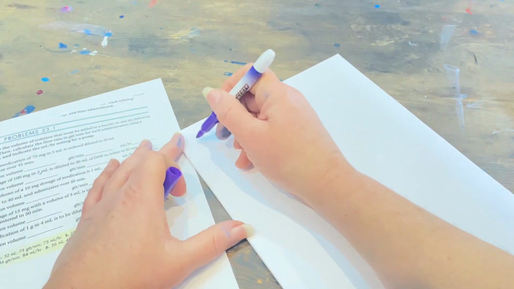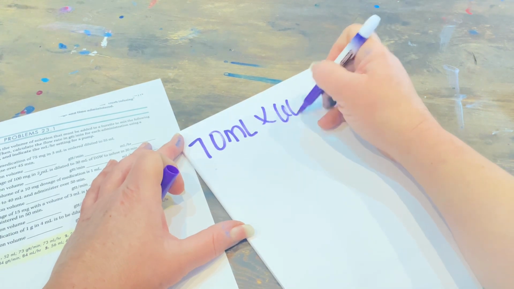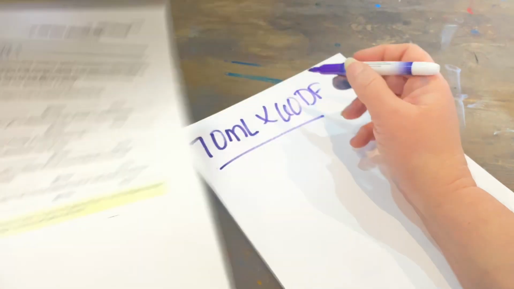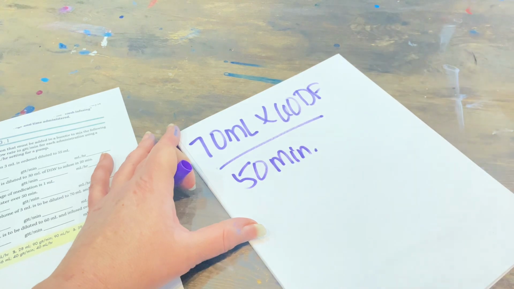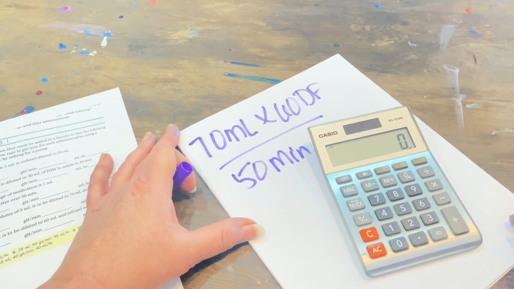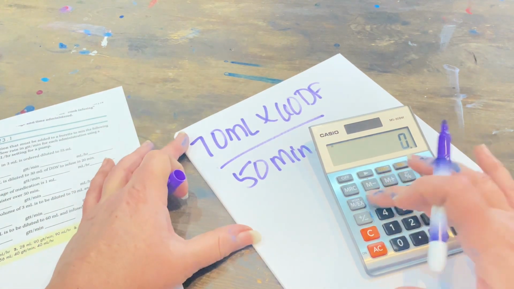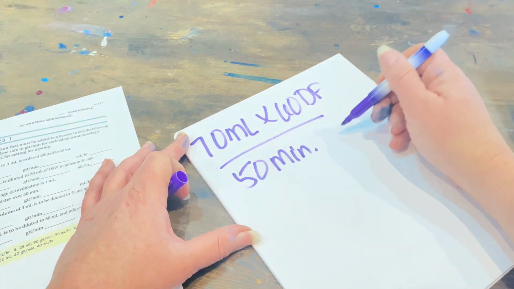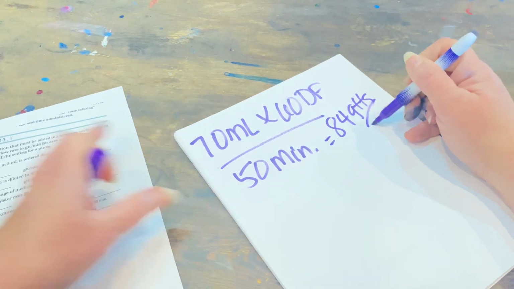So, 70 milliliters times 60 drop factor to go in over 50 minutes. On your calculator, we're going to do 70 times 60 divided by 50. 70 times 60 equals, divided by 50, it'd be 84 drops per minute.